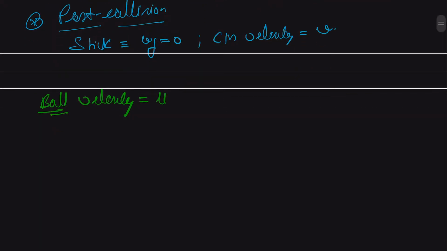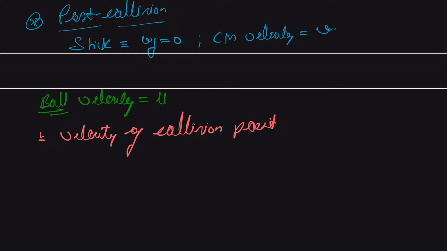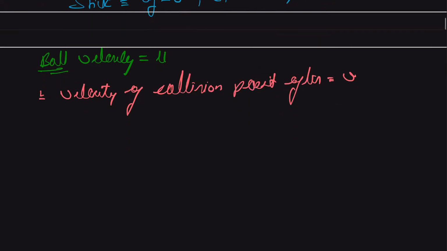So we have ball velocity as u, and the velocity of collision point after will be equal to v, and there is no rotation. Okay. So we can use the conservation of linear momentum.